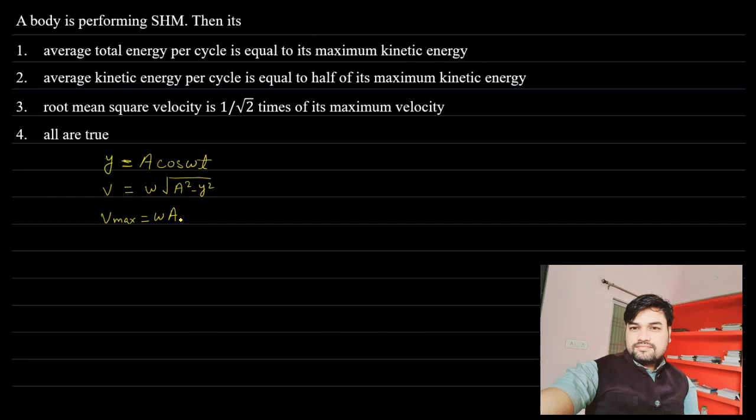First of all, let us check the third condition. Root mean square velocity is 1 by root 2 times of its maximum velocity, where maximum velocity is omega a.